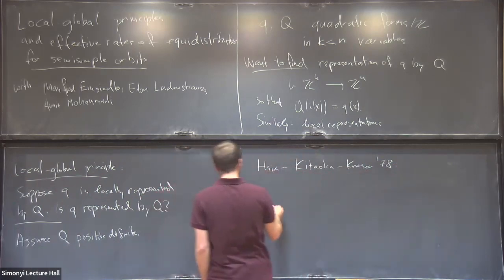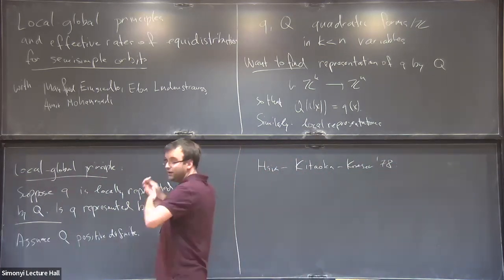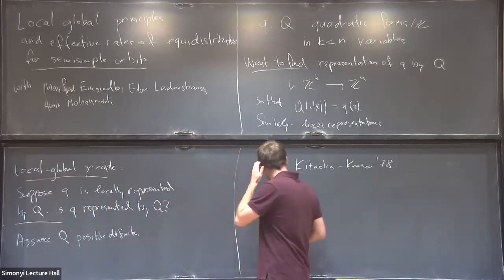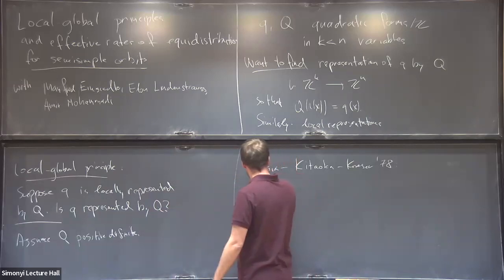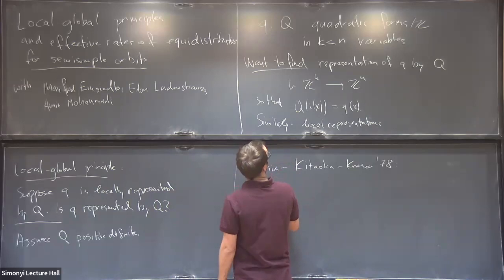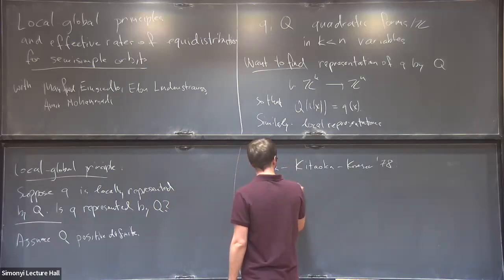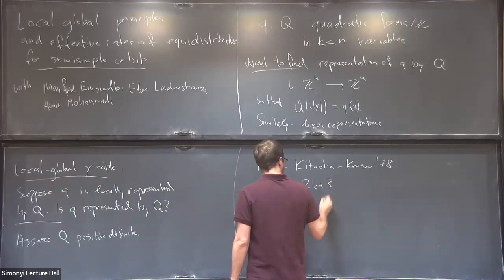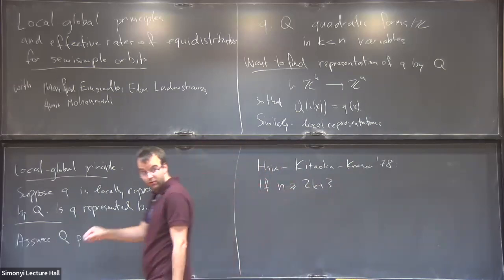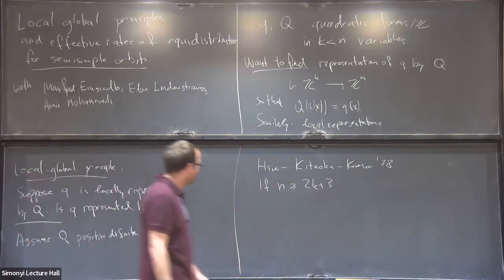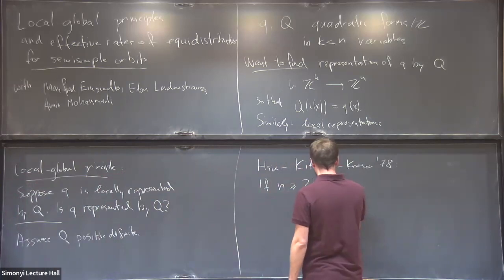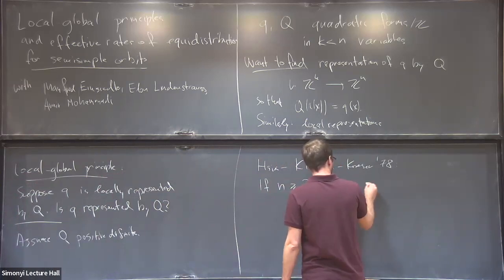They show that if I have sufficiently large codimension, meaning n is at least twice the number of variables of the small quadratic form plus 3, then q is locally represented by Q.